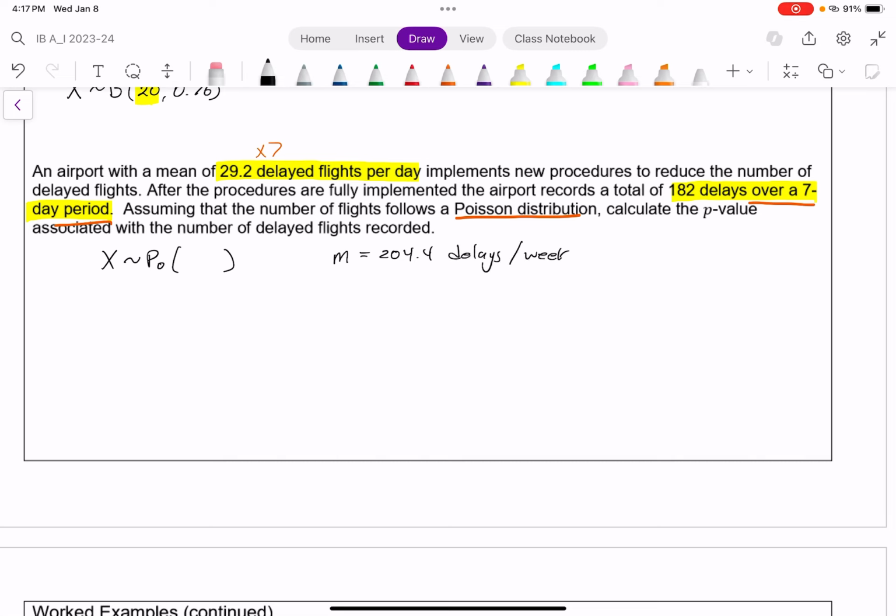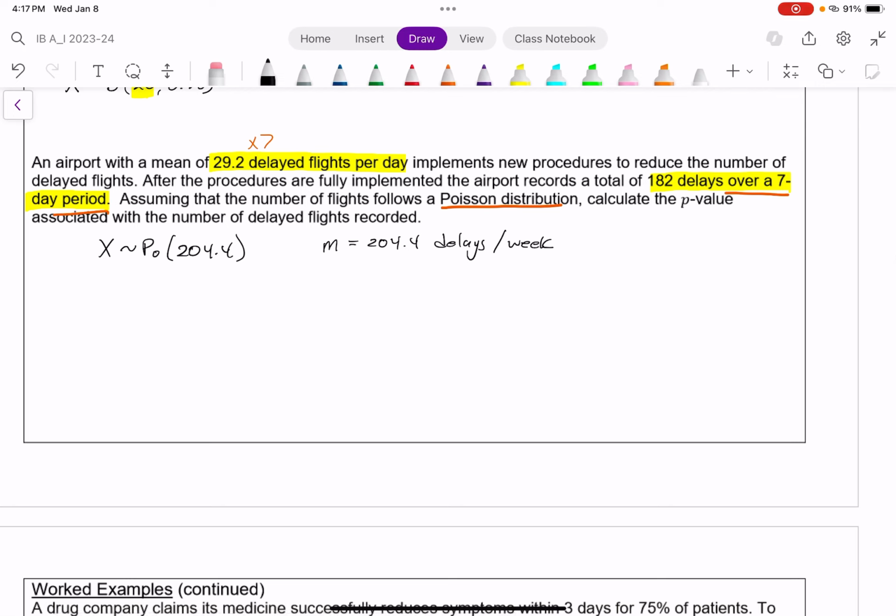That's just taking our historical data and scaling it up to a week. So I want to say X is distributed with a Poisson distribution with a mean of 204.4. All right, so this time though, I want to find what's the probability, the p-value, that we would have 182 delays over a week, assuming that the mean has not changed.